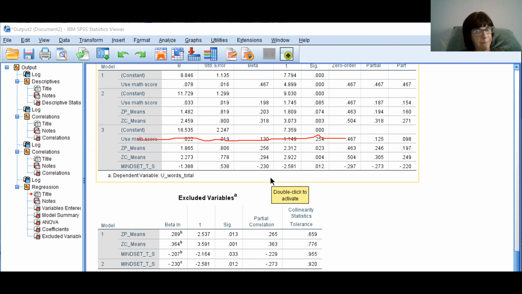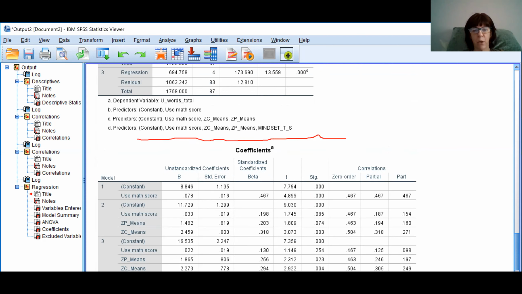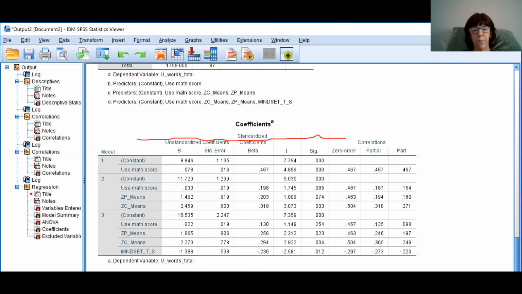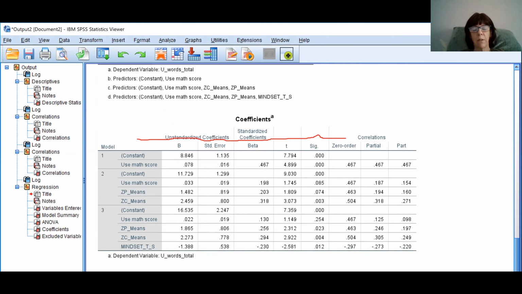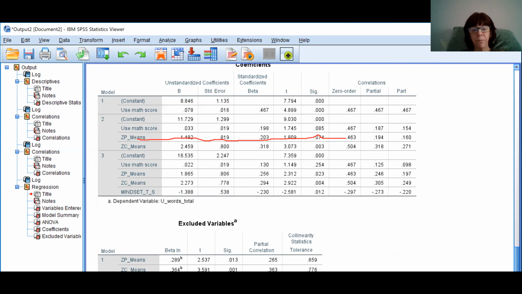Let me say that again. This negative 0.23, which is the beta weight or a standardized coefficient, you can use in standard deviation z-score terms.